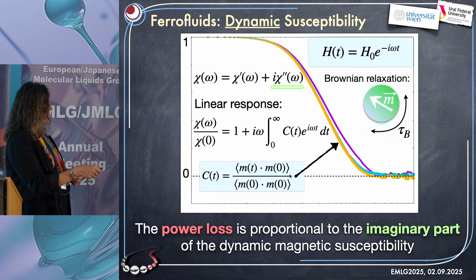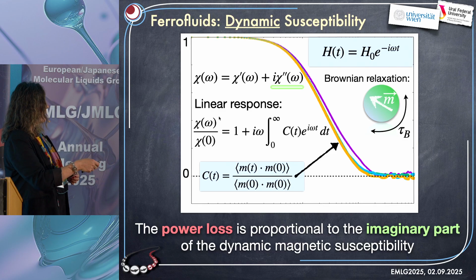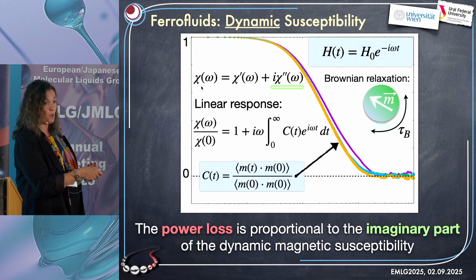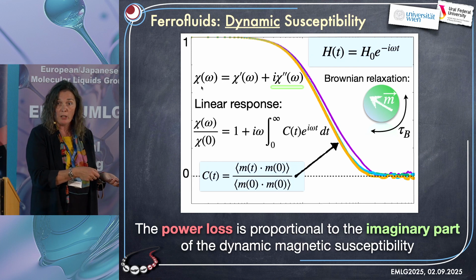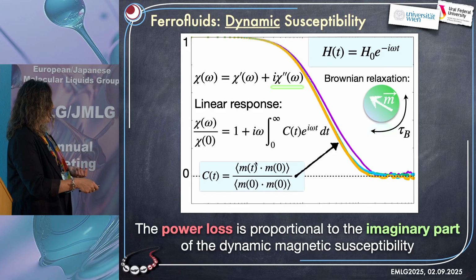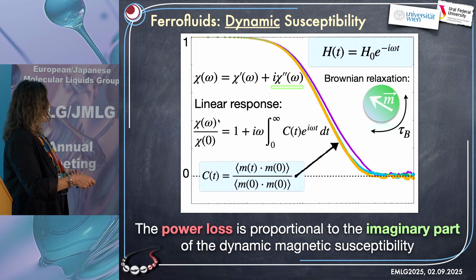And this very C of t, once it is Fourier transformed, will give you the so-called dynamic susceptibility. That is very similar if you're acquainted with broadband dielectric spectroscopy. It is exactly the same expression as there, so it's exactly the same approach. And it is, of course, just a linear response approximation.